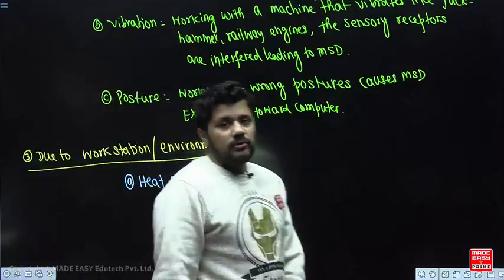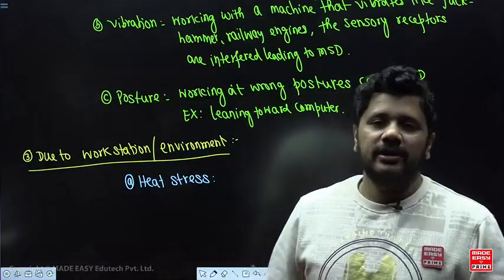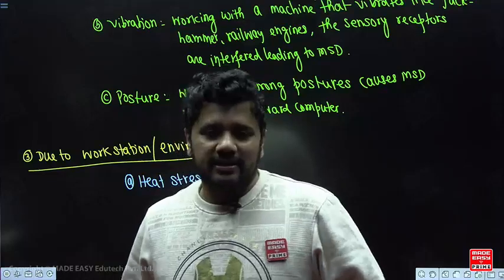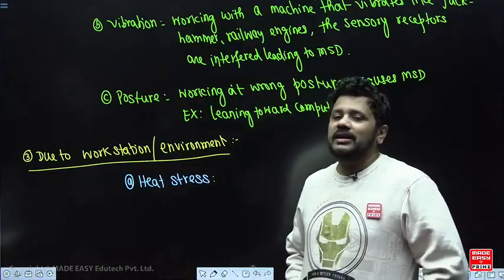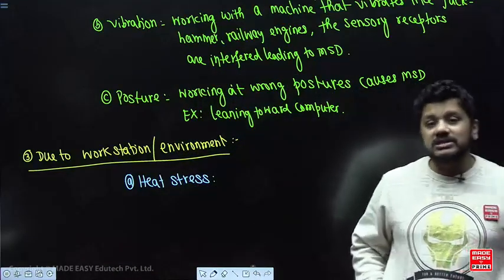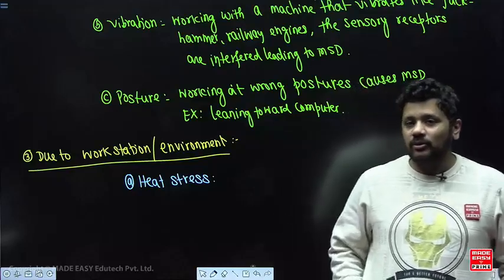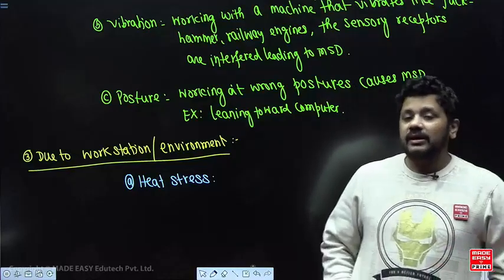Right. So heat stress, देखो heat stress मतलब क्या होता है, जैसे हिंदी में बोलते हैं लू लग जाना. So when you are going to work in an environment where the heat is very high, for example iron ore industries, welding industries, railway engines.